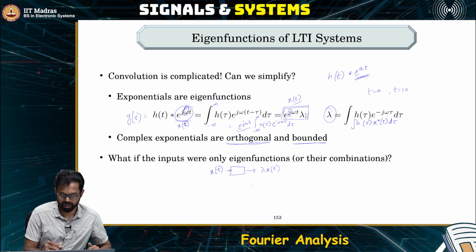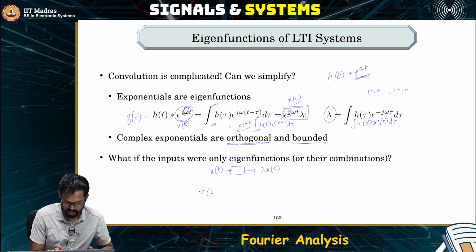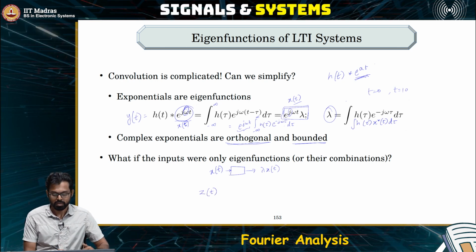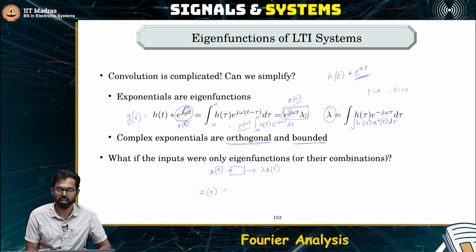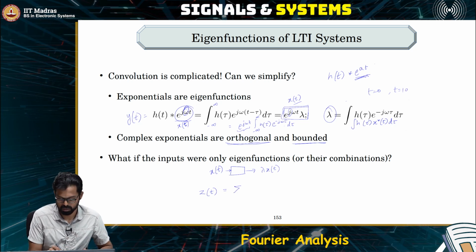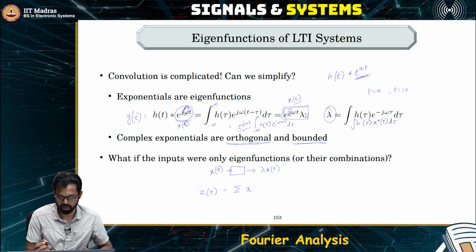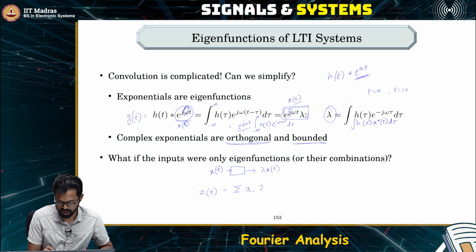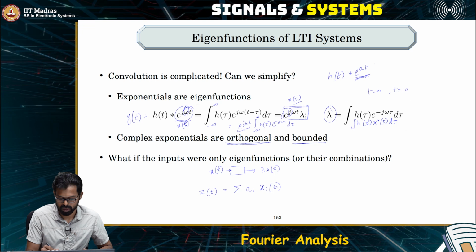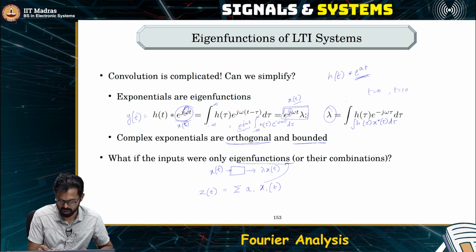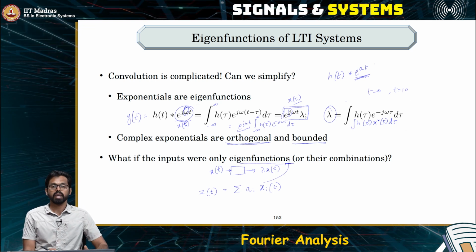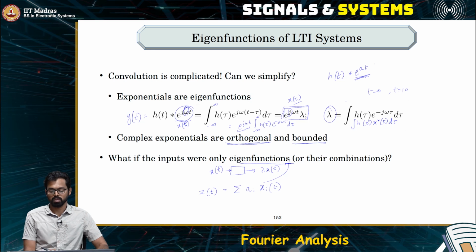Now, if there is some other signal that is given to me, let's say x of t, can I represent this as some scaled combination, some a i times x i of t, where these x i's are all the eigenfunctions? If I can do this, what is the advantage?